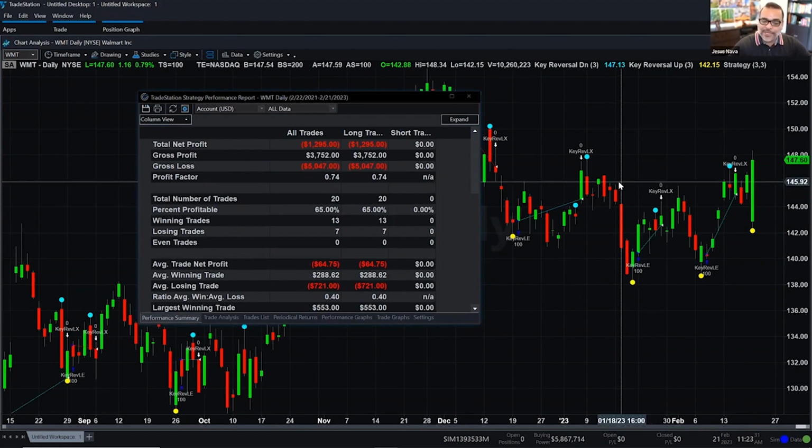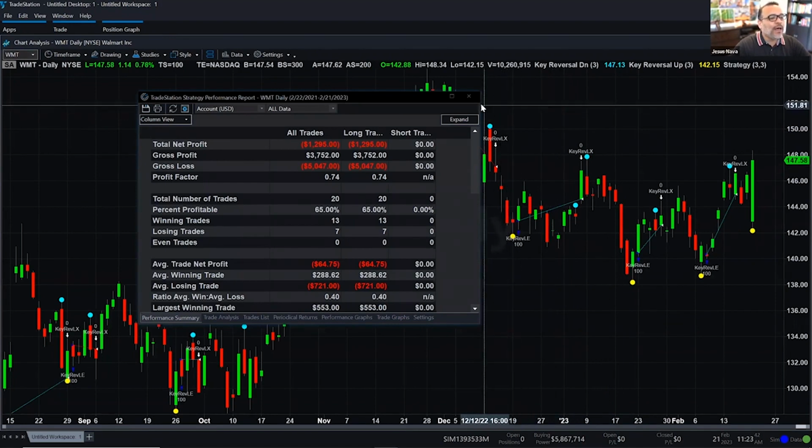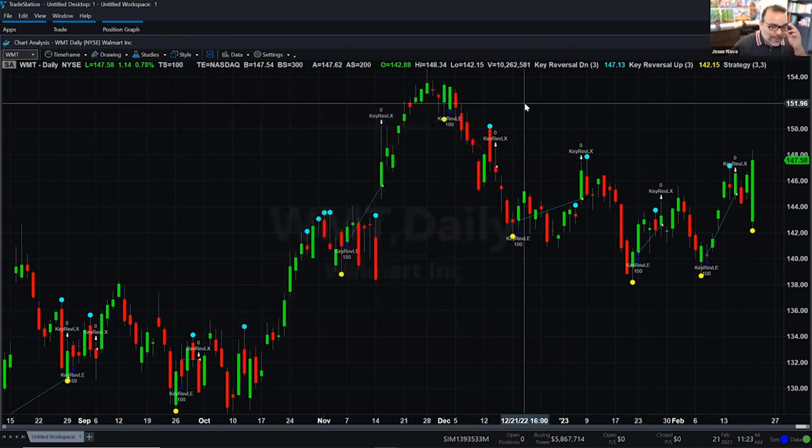Maybe, as I pointed out at the beginning, the exits based on that key reversal down was not the best option. Let's go ahead and take a look at other things we can do. The nice thing about having a strategy here is that you can optimize certain components, because if you think about it, I was using the key reversals, but I was kind of arbitrarily choosing how many bars to look back, the strength of the key reversal.